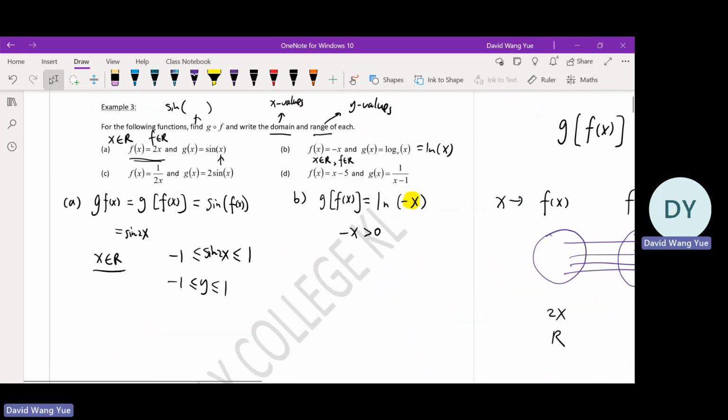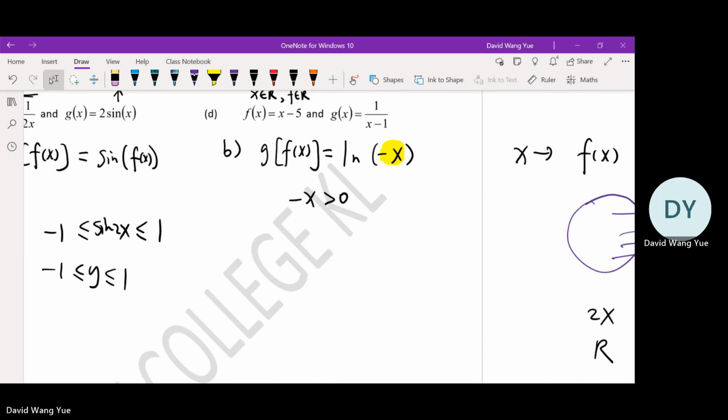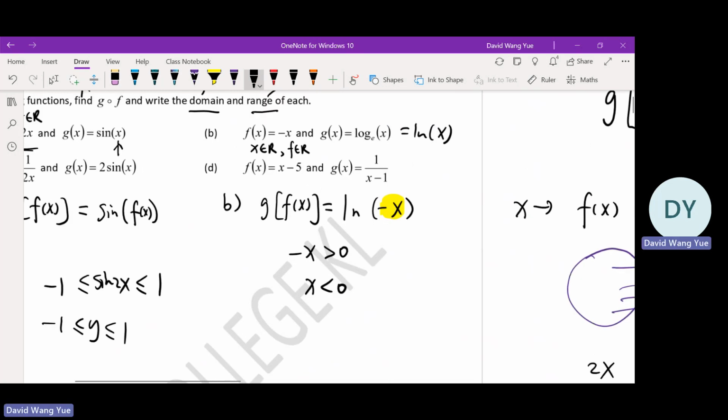So back to here. Therefore, for the ln function to be defined, minus x has to be more than 0, which means x must be less than 0. So for part B, x is not any real number, because if x is any real number, f is any real number, I cannot guarantee there's a log value.